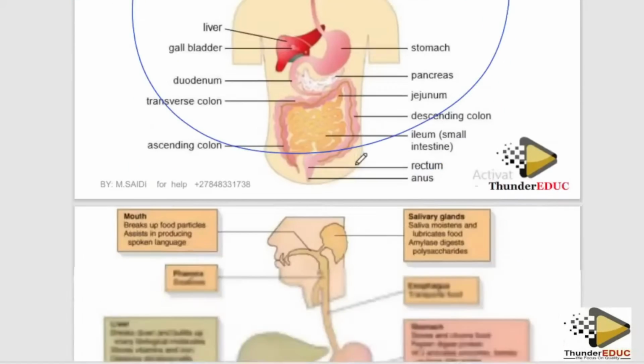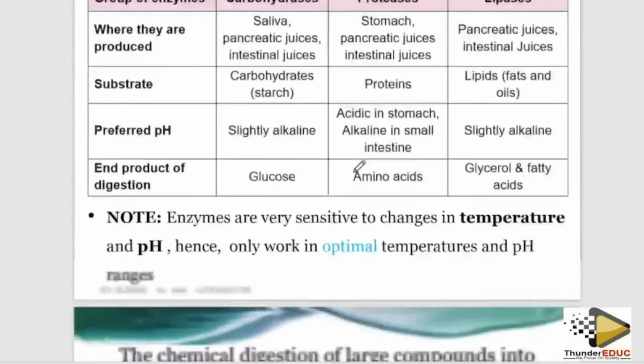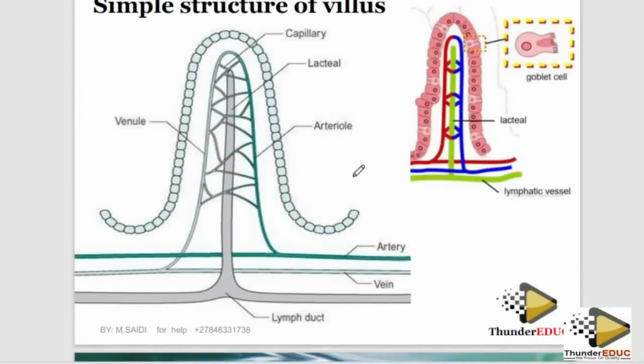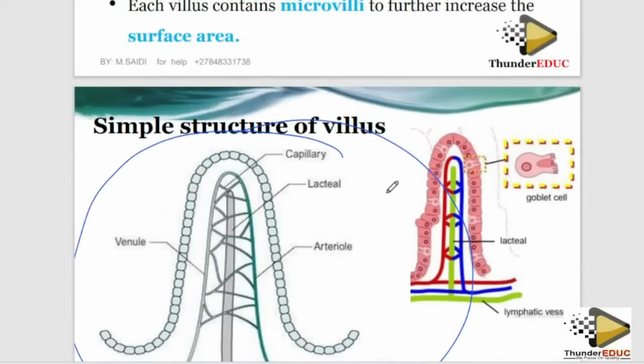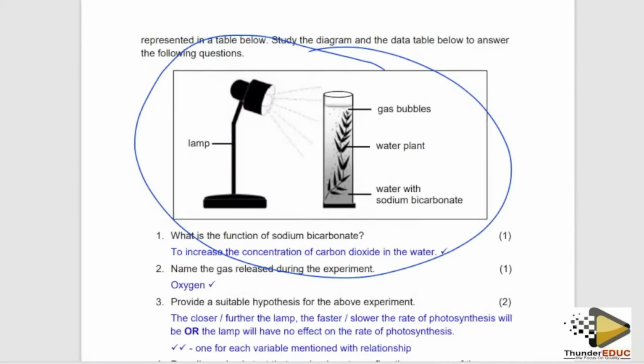Yes, the digestive system, you must know it. We like the villus, the structure of the villus. People have been teaching you, you know what I'm always saying. Villus. Don't go to the paper without knowing it. Villus, the structure of the villus. Make sure that you know it.